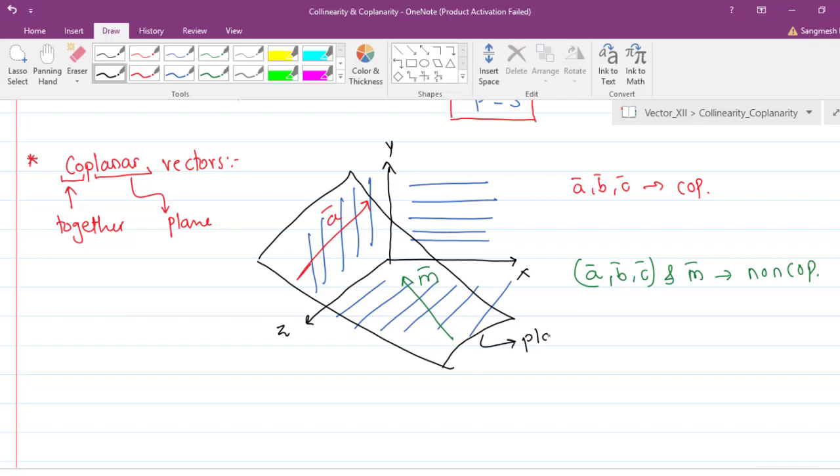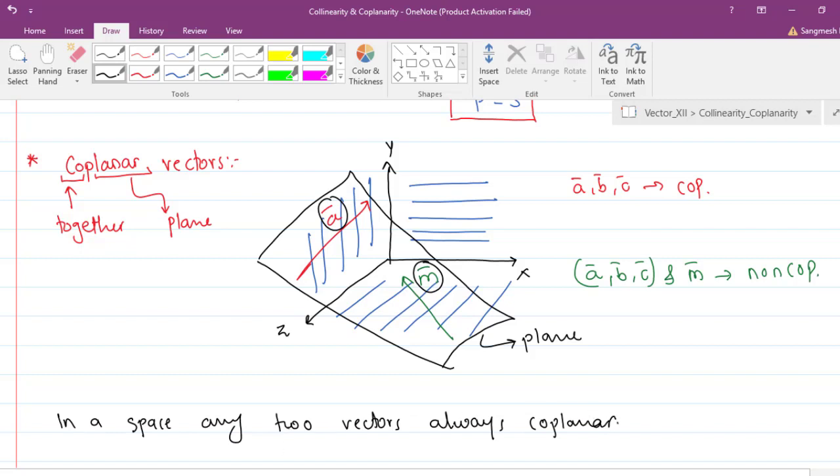On this plane we have these two vectors, a bar and m bar. Means in a space, any two vectors are always coplanar, always coplanar.